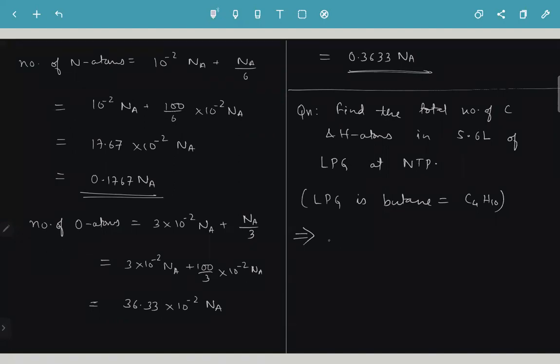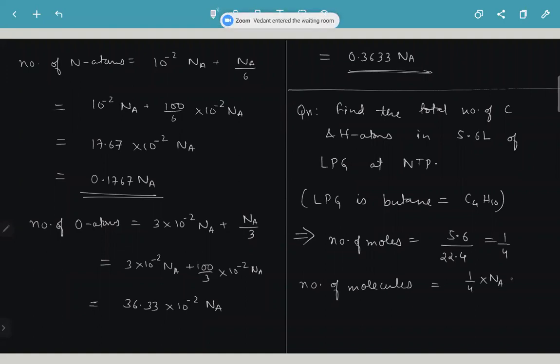Step by step, we'll first find the number of moles as volume divided by 22.4. This is 1 by 4 moles. Then number of molecules will be number of moles into Avogadro's number. Then we'll find the number of atoms by multiplying by atomicity.